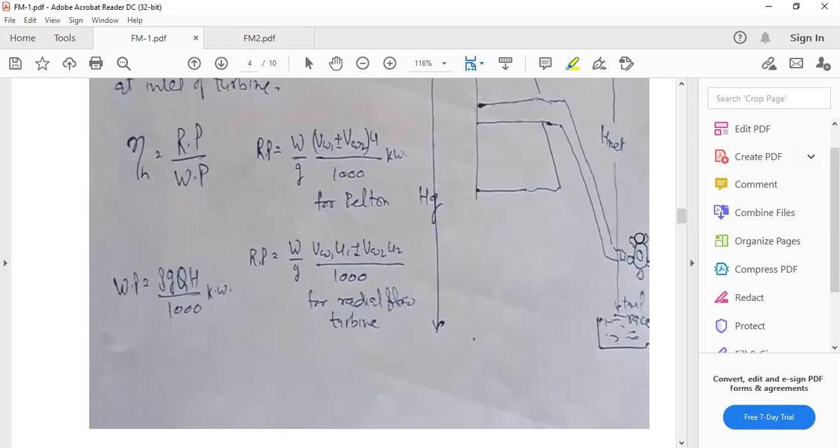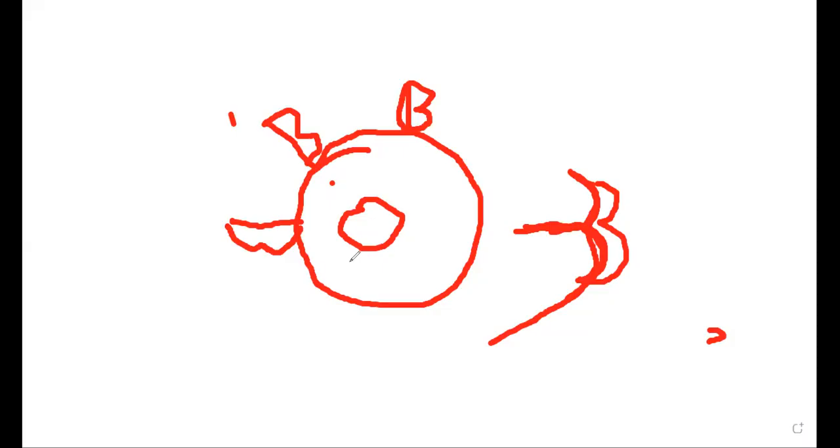So to stop this movement due to inertia, we use an arrangement or a jet which is known as the braking jet. As the water stops, these blades must also stop moving.